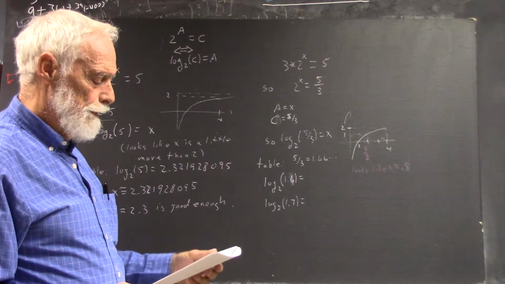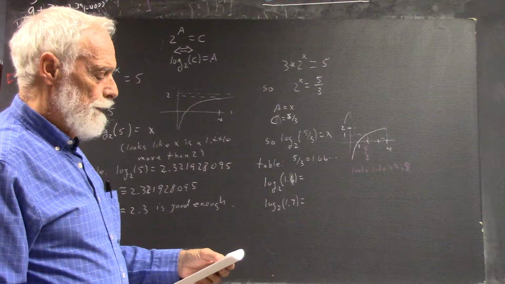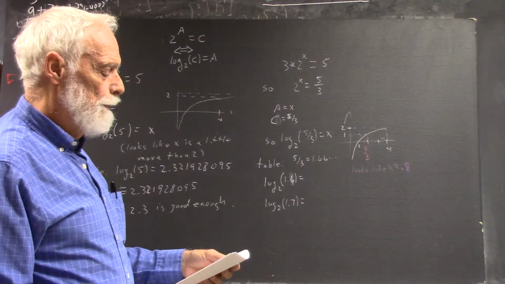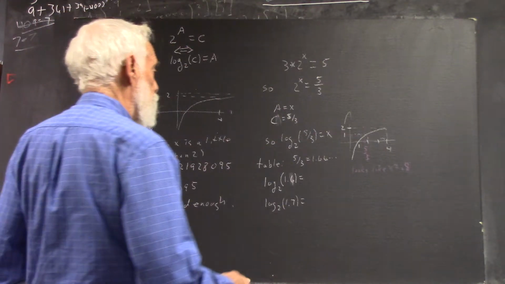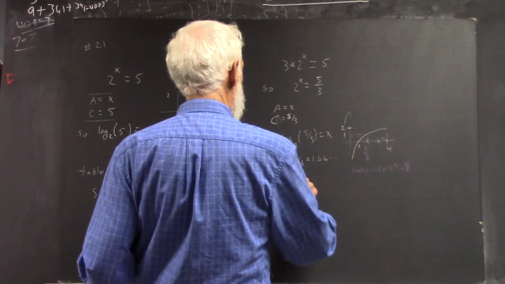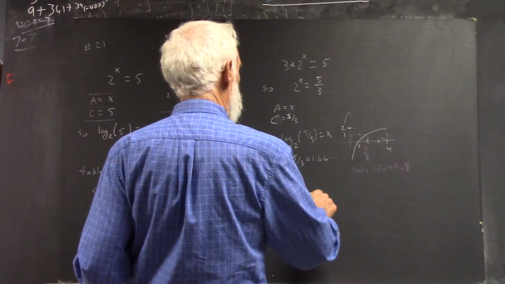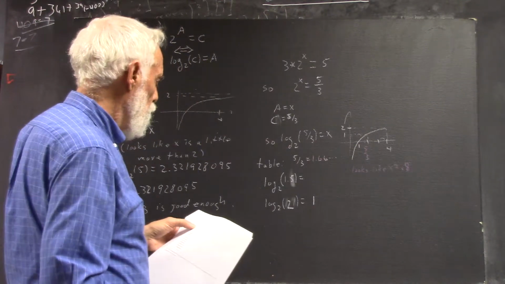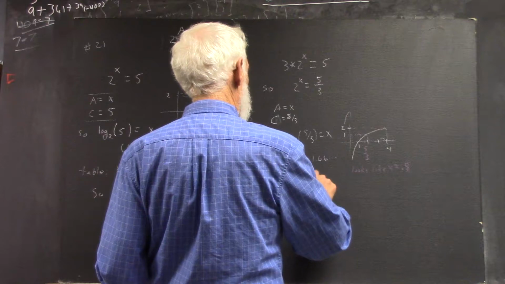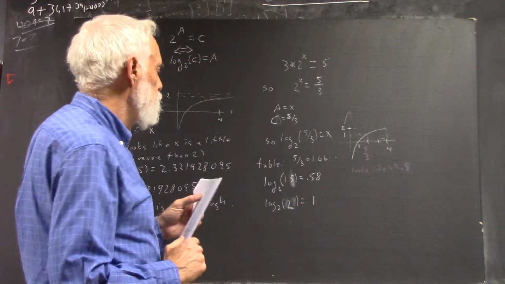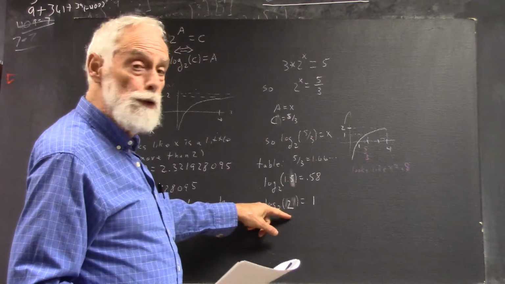Actually, our table only gives us 1.5 and 2, right? Log base 2 of 2 is of course 1. Log base 2 of 1.5 is 0.58. This is a little closer to 1.5 than it is to 2, right?